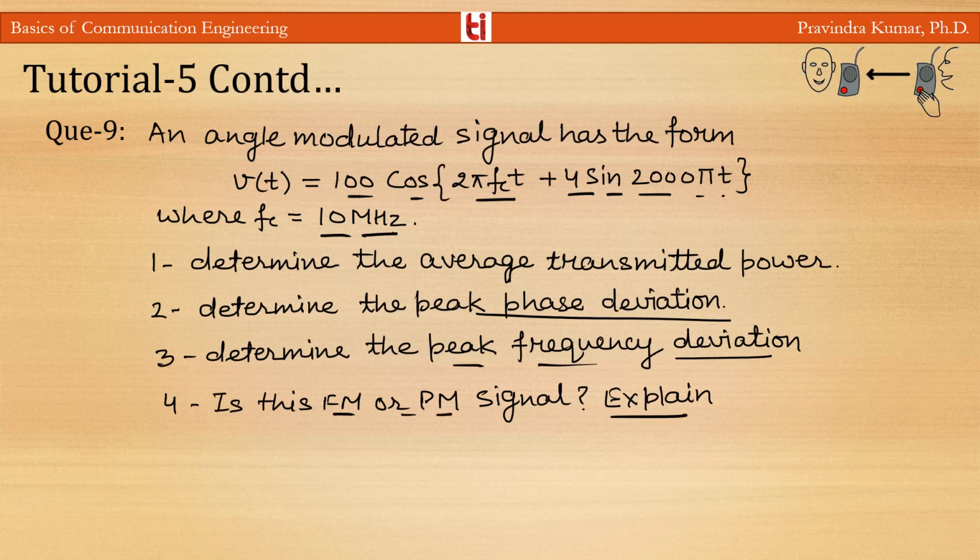Explain. So the average transmitted power of FM is Ac square by 2, and Ac in the FM wave is 100. Average power will be Ac square by 2, 100 square by 2. Since here you can see 4 sin 2000 pi t represents the phase deviation at any instant t, and the peak value of sin 2000 pi t is 1, the peak phase deviation will be 4.